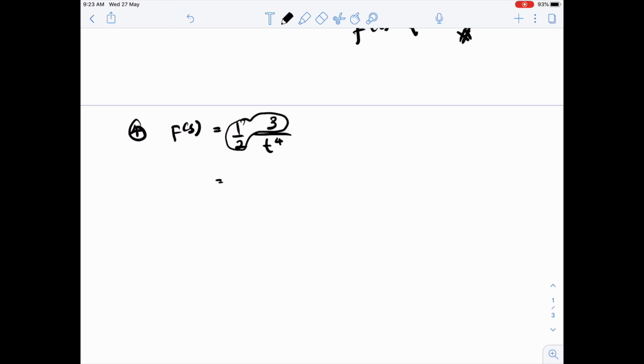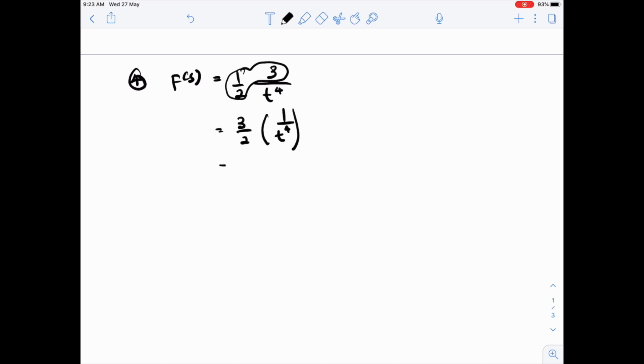Here you will get 3 over 2, and then 1 over s to the power of 4. Now we need to separate the term of s as n plus 1. So you will get 3 over 2 and s to the power of 3 plus 1, to make it 4.